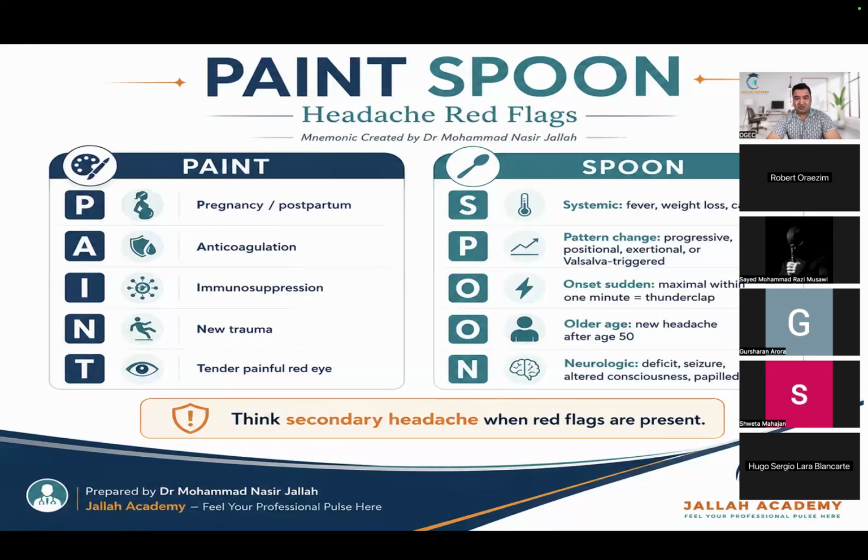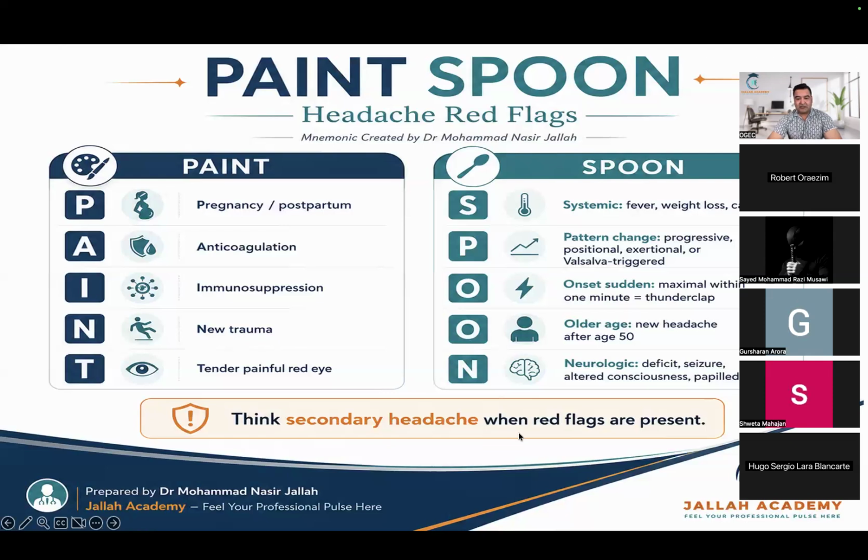Neurological deficit: the patient has a headache and a neurological deficit, develops seizure with it, loses consciousness, or has papilledema, which shows raised intracranial pressure.